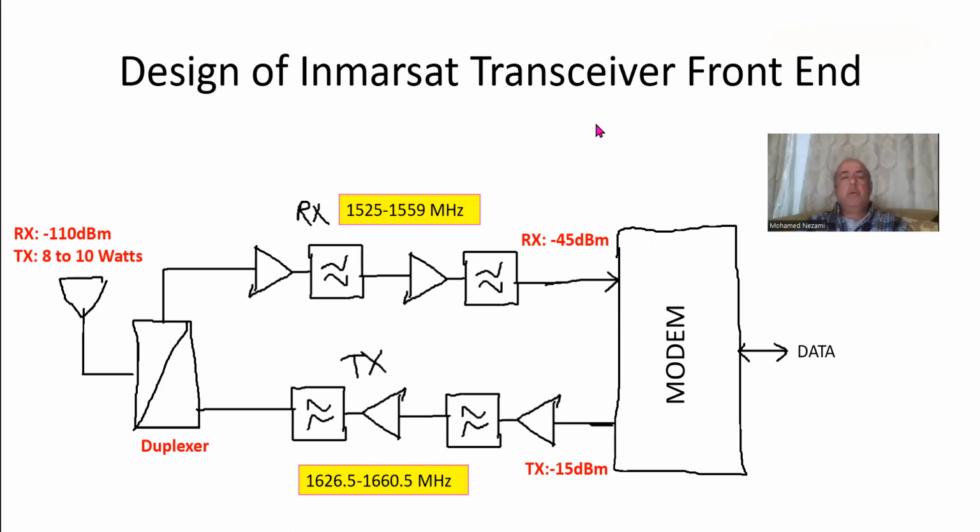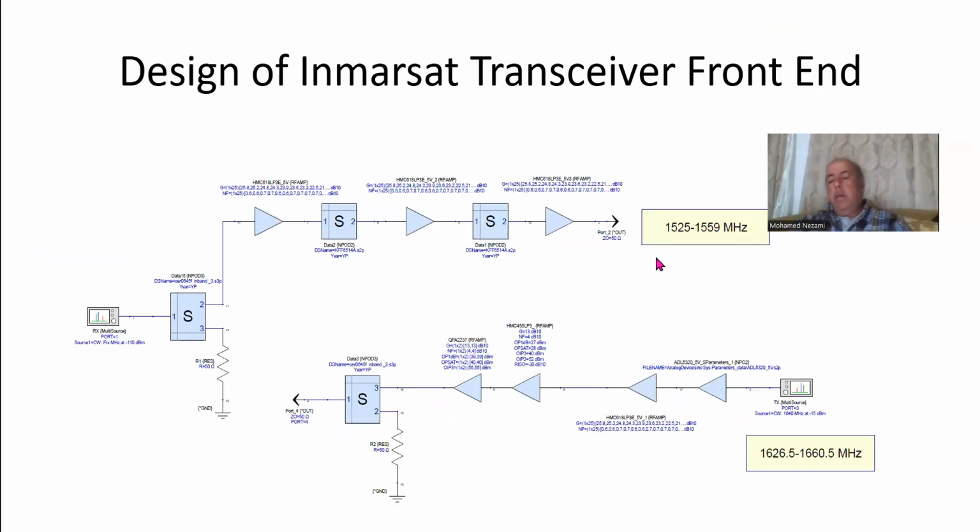All right, so I went ahead and did my search, and here's basically the architecture and the components that I picked. These components are off the shelf, so you can purchase them using Mouser or DigiKey. As you can see from the part numbers, these are the Hittite HMC series devices, from Analog Devices in the US.